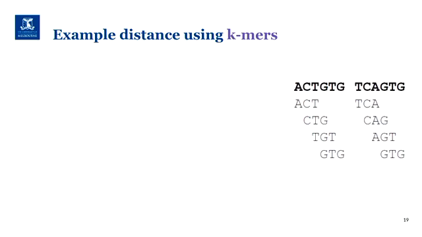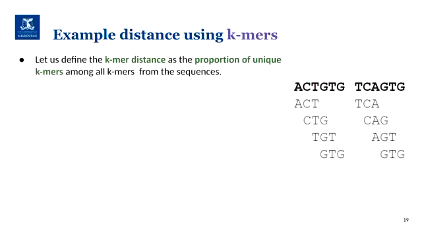So given 2 sequences, the k-mer then is a word of size k. We do a sliding window on the sequence, and we count the different words we come up with, okay? And one way to use that information to calculate distance could be, for instance, representing this as a vector and calculating the Euclidean distance, or we can calculate a k-mer distance as the proportion of unique k-mers between them.